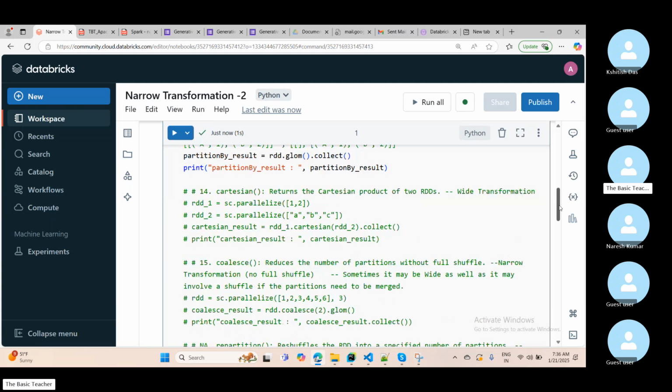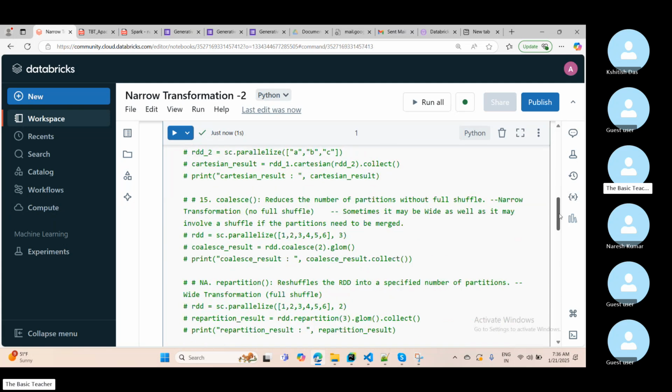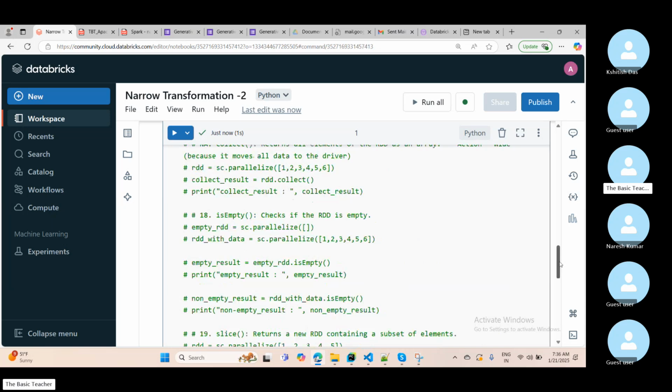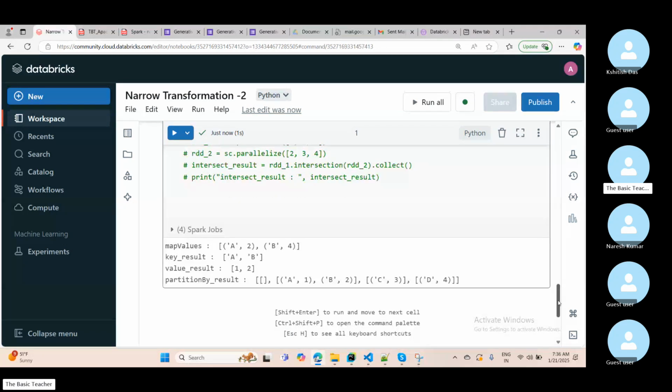That's why this is in the wide transformation category. When I did 4, one partition came with blank, which means one of the partitions has no data, because another one contains 2 records. So like that.